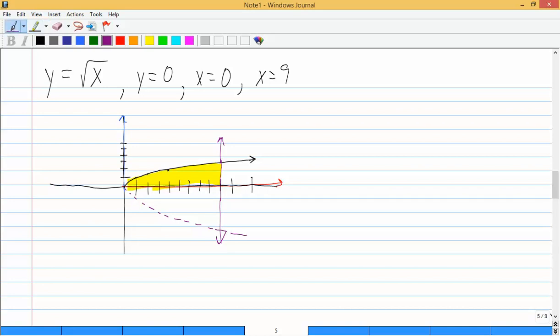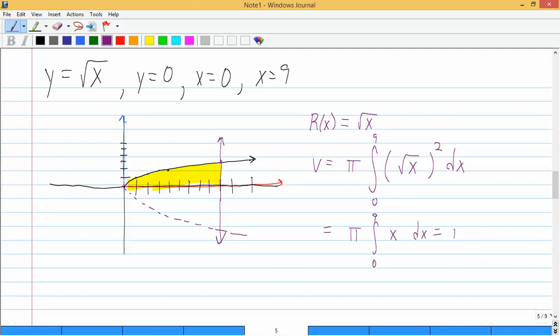All right? So our capital R of x, our radius, is going to be the square root of x. So our volume is going to be pi times the integral of the square root of x squared dx. And our boundaries, our x-intercepts, are 0 and 9. All right, so we have pi times the integral of just x.